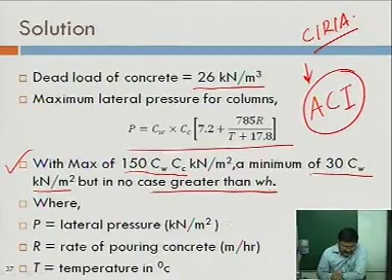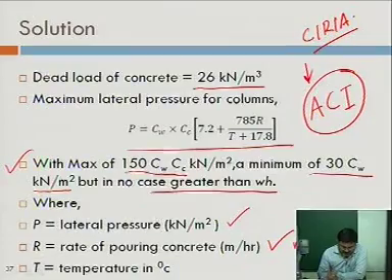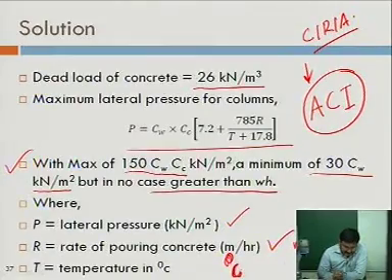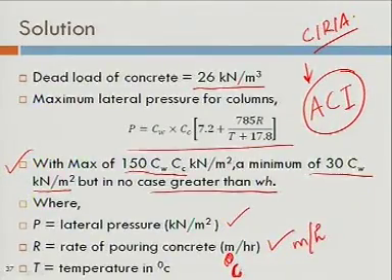P is lateral pressure in kilonewton per meter square. R is the rate of pouring concrete in meter per hour. T is temperature in degree Celsius. So this formula is already with you.